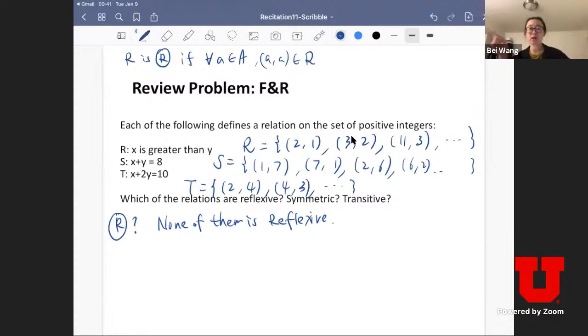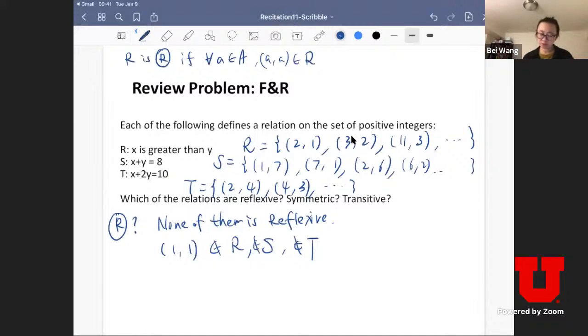For all those relations to be reflexive, 1, 1 has to be part of the relation. But it turns out 1, 1 is not part of R. It's also not part of S, and also not part of T. So neither of those relations contains the pair 1, 1.